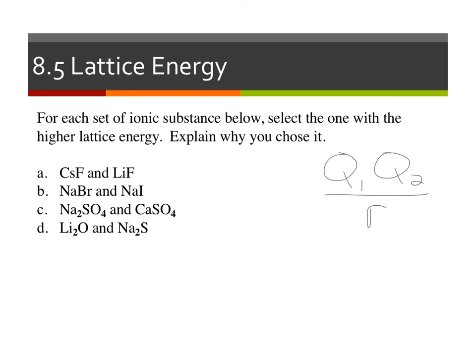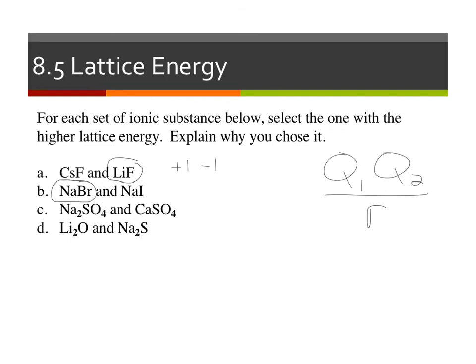We're just calling it lattice energy now. CsF and LiF. They're both +1, -1, so we can't look at that. So the smaller one, LiF, is going to have a higher attraction, more exothermic lattice energy. Same thing with NaBr and NaI. They're both +1, -1. Bromine is smaller than iodine. That will be a stronger ionic bond, higher lattice energy.